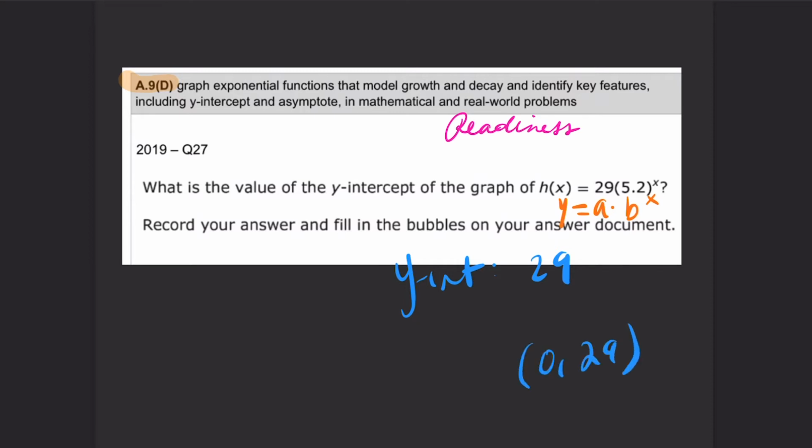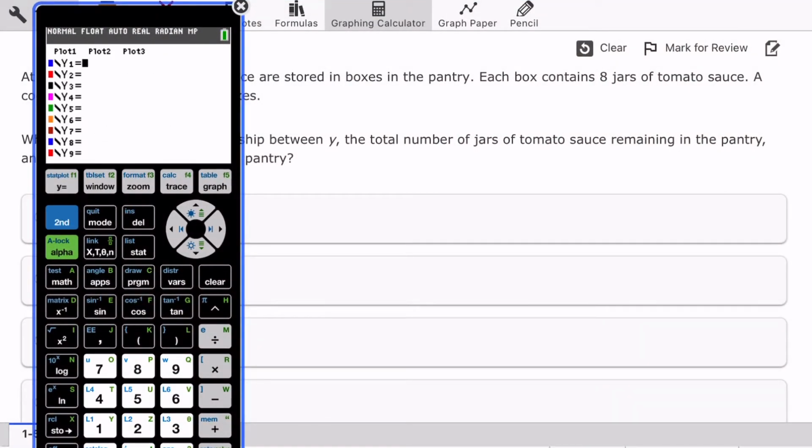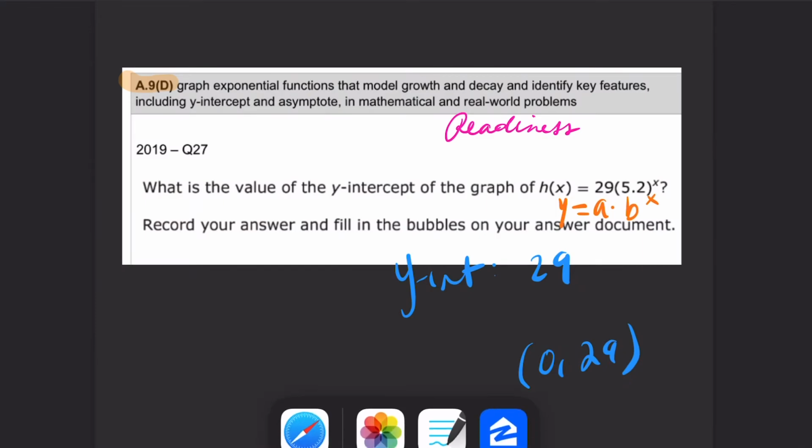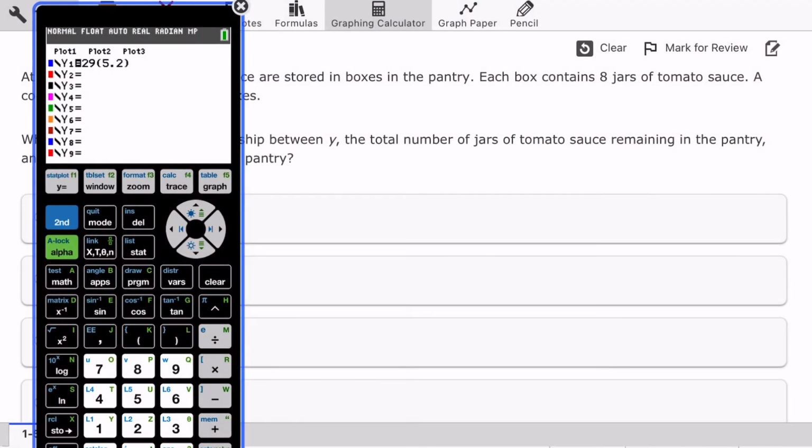Just for future reference, if you forgot that the a value represents the y-intercept, the initial amount, you could also graph your function h of x and then look at the table on your calculator. So let me show you that. I'm going to graph h of x, 5.2 to the power of x.